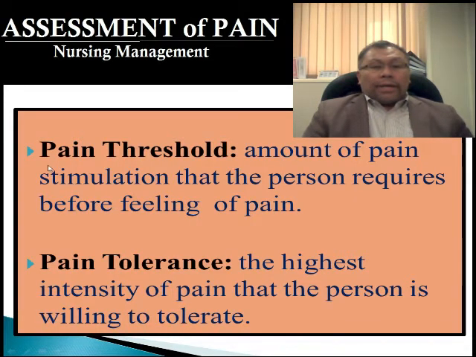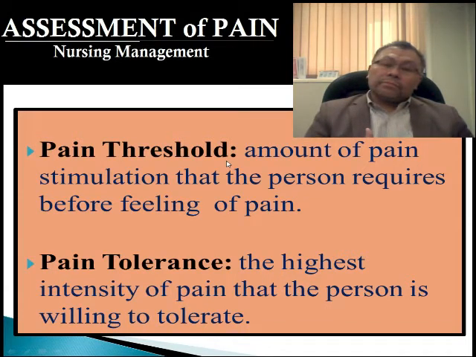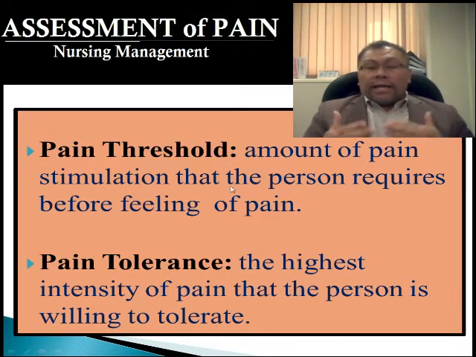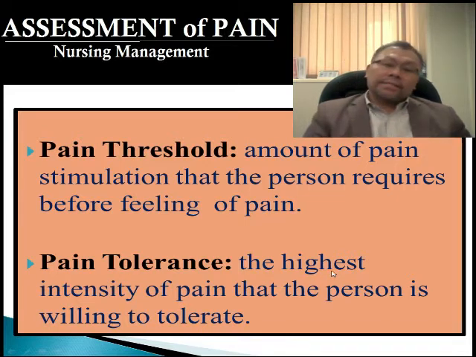So, if transduction happens, and there's pain, what is pain threshold? This is the amount of pain stimulation that a person requires before feeling pain. We also have the pain tolerance, the highest intensity of pain that the person is willing to tolerate.